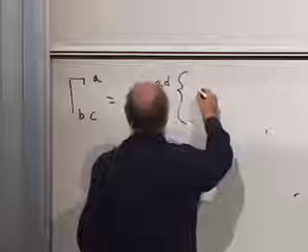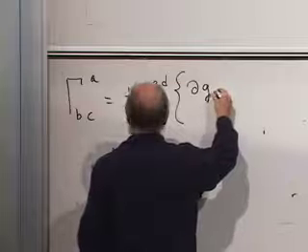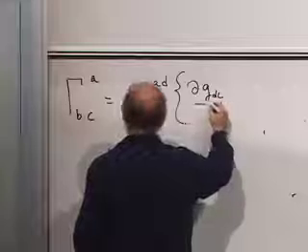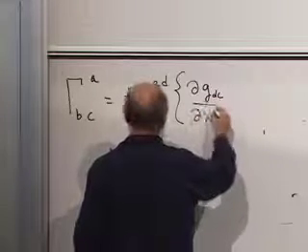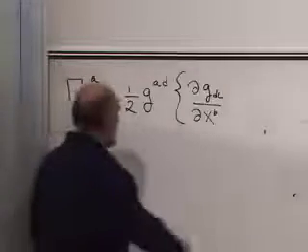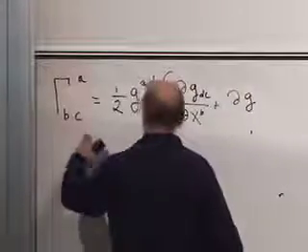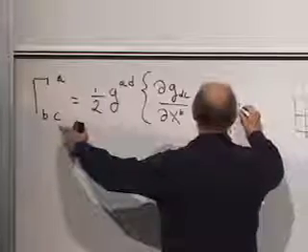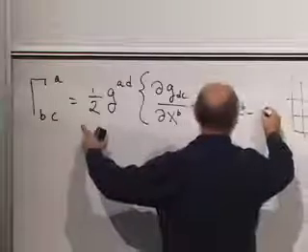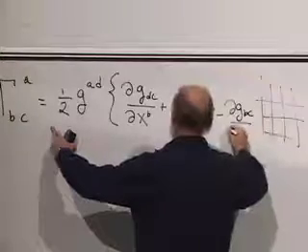G A D times the partial derivative of G D C with respect to X B, plus the partial of G D B with respect to X C, minus the derivative of G B C with respect to X D.